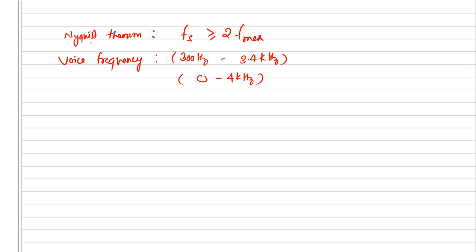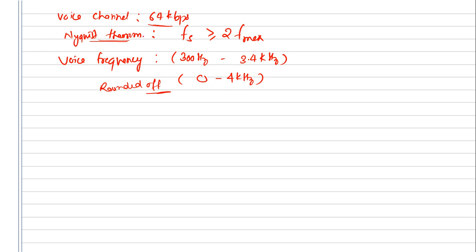Basically what we are trying to prove is how we get to 64 kbps for our voice channel. We need not just mug up; we must know how we get to this. We are using the Nyquist theorem, and voice frequency ranges from 300 hertz to 3.4 kilohertz, rounded off to 0 to 4 kilohertz.